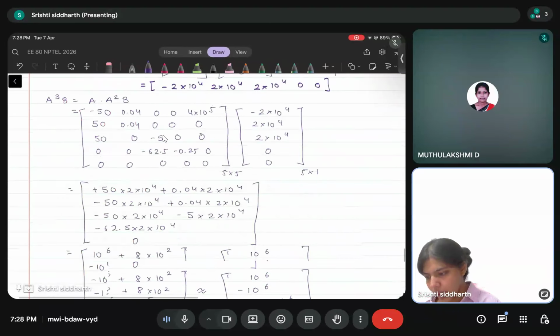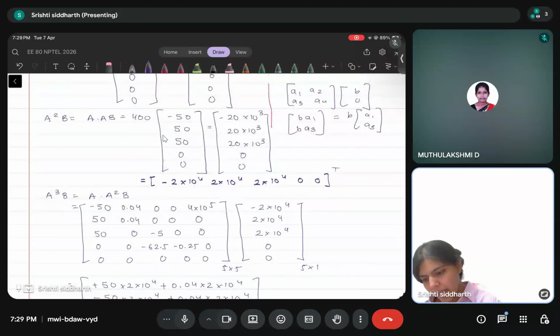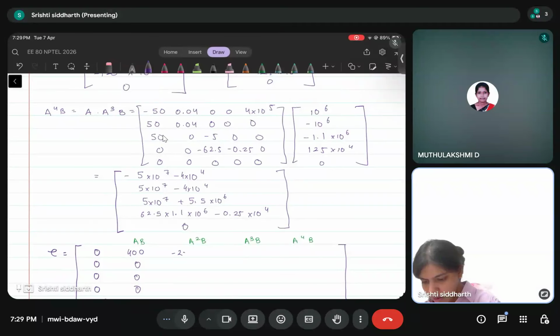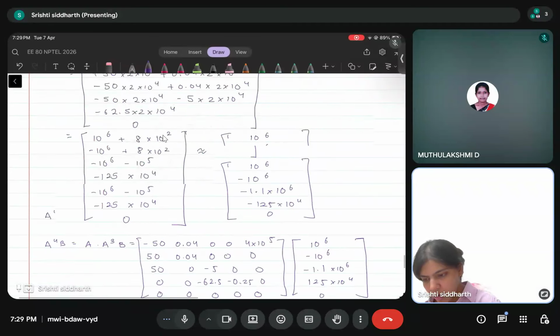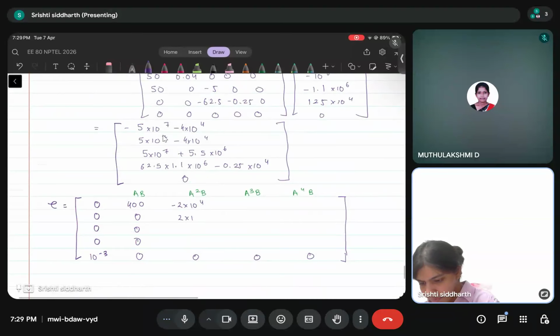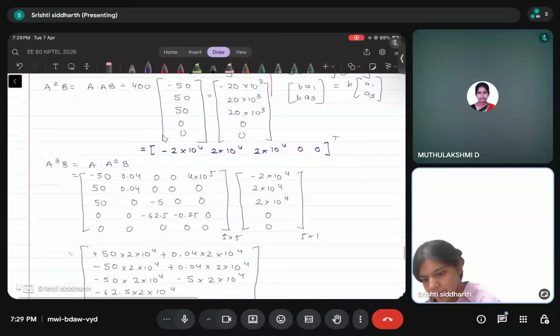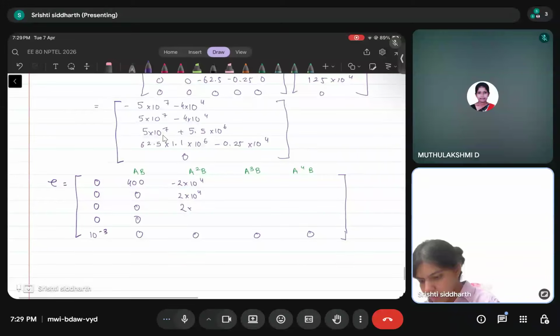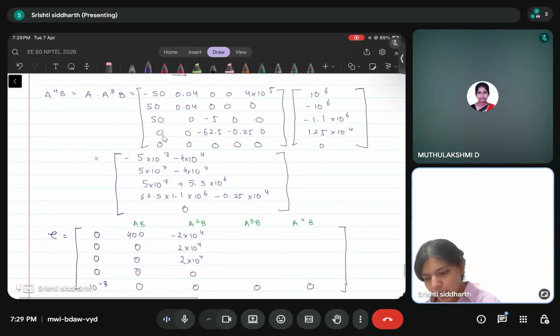Alright, then A square B, so minus 2 and 0. We have A cube. So this is 10 to the power 6.